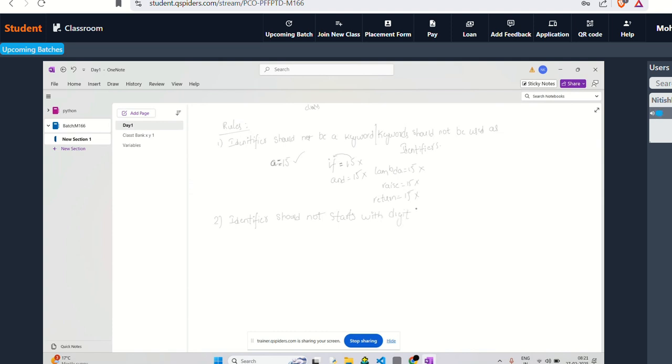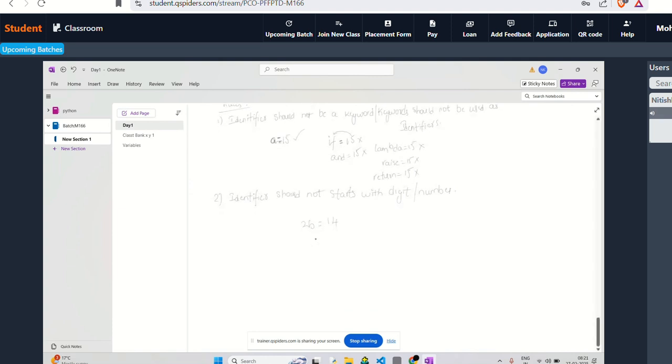Digit in the sense number. See, I cannot create a variable like this.